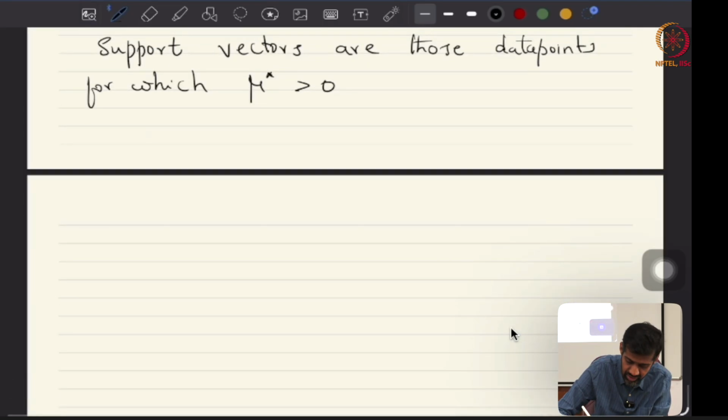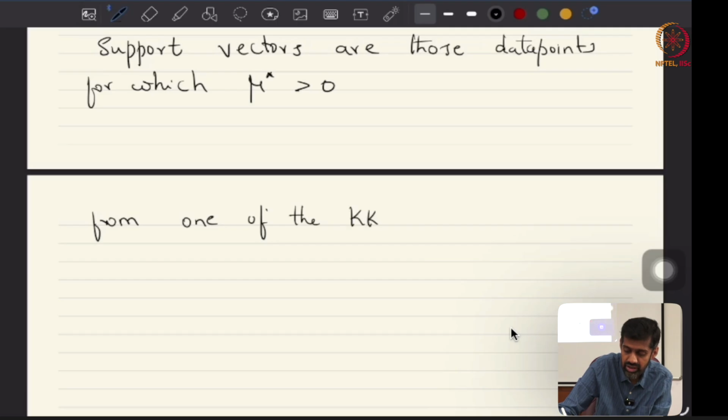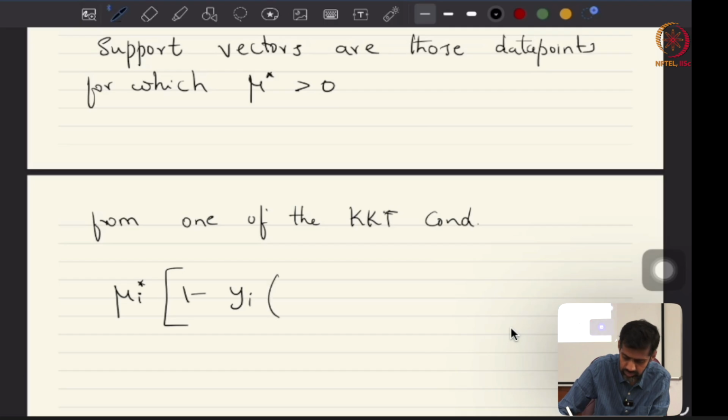Now observe another interesting thing, right? From one of the KKT conditions, we have something called complementary slackness, which says that you take the Lagrange multipliers and multiply them with the constraints. We have this, right?